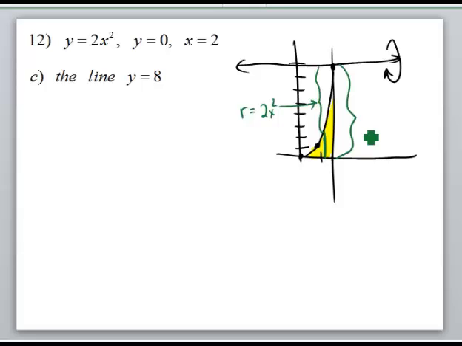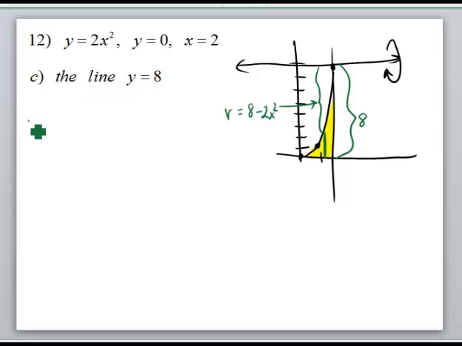Now I do need to make a correction here. My little r is a little wrong, so I need to fix this. My little r ends up being 8, the top function, minus the bottom function. So it's 8 minus 2x squared.